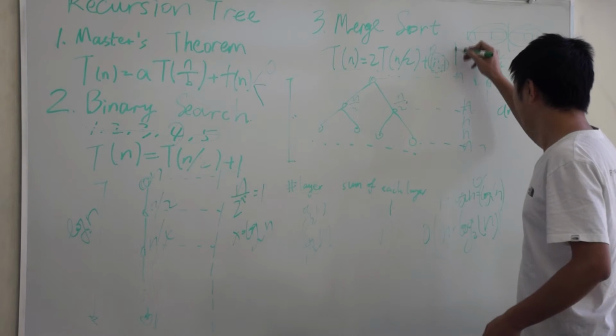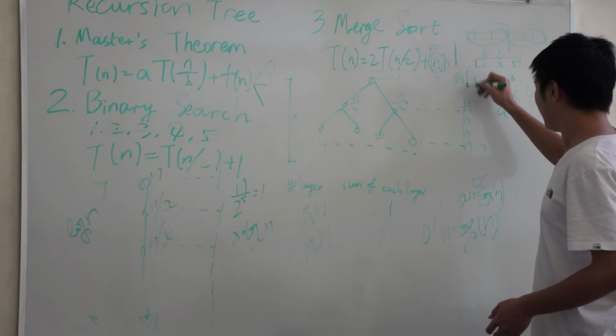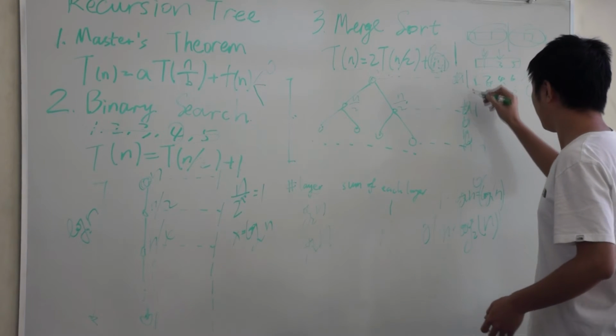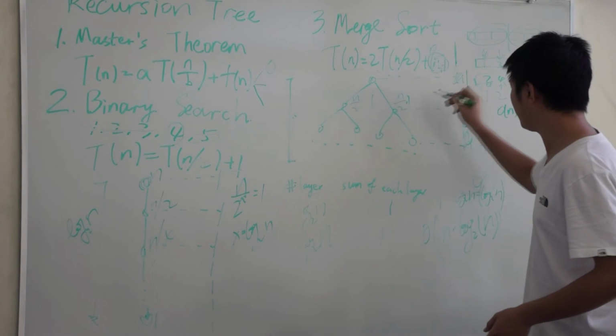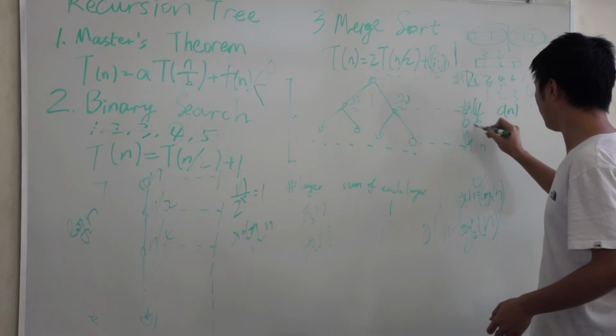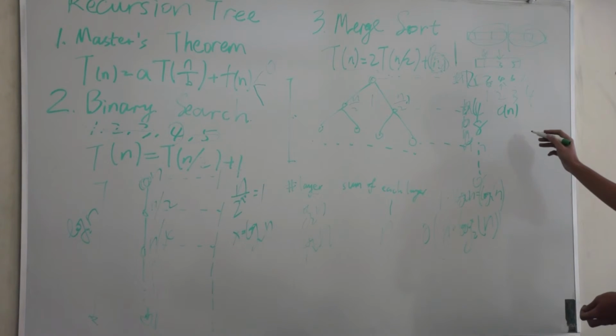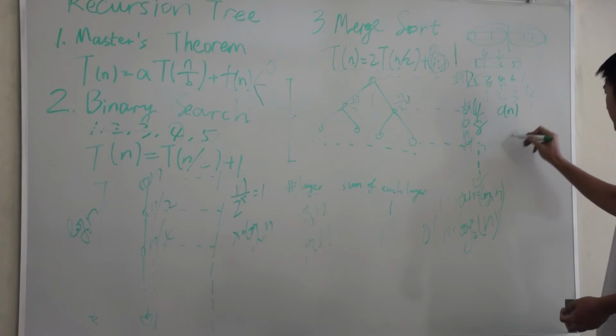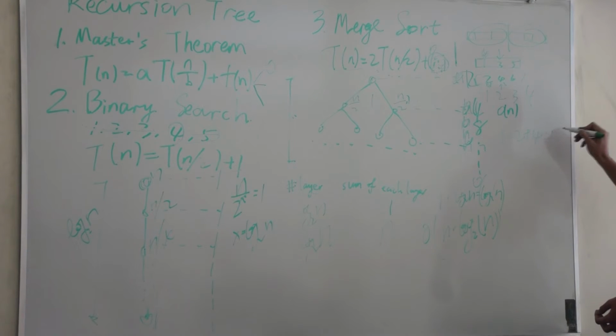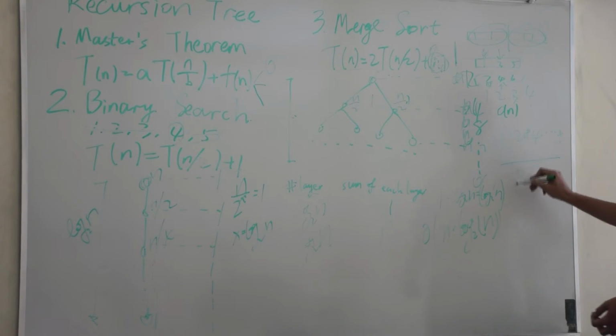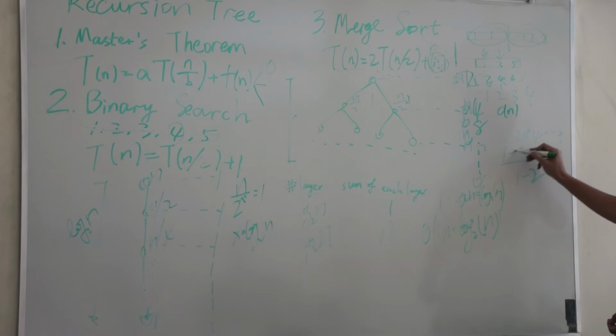What if the merge cost here is 1? Let's replace all of them with 1. So here 1, 1, here is 2, 4, 8, and that's a geometric sequence. So it will become something like this, and you need to do some calculations here.